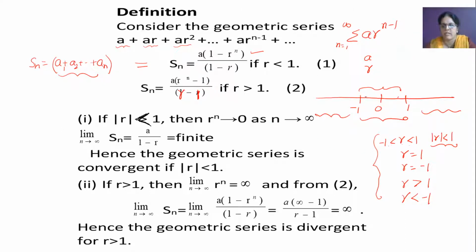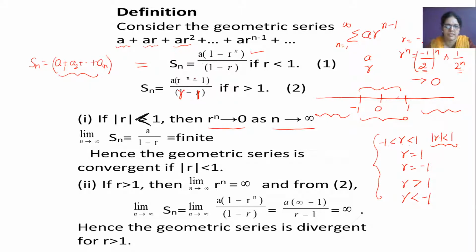For example, if r is minus half or plus half, then r power n means minus 1 by 2 power n or 1 by 2 power n. Anyway, the denominator is 2 power n. It reaches 0 as n tends to infinity, that is, r power n tends to 0 as n tends to infinity.